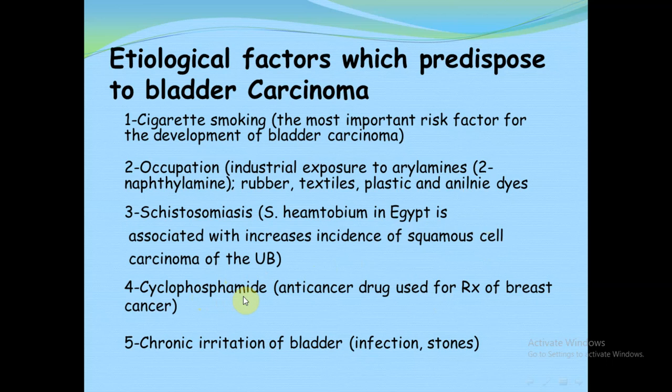Cyclophosphamide, a chemotherapy or anti-cancer drug that is used for treatment of breast cancer. Chronic irritation of the urinary bladder for any cause of chronic irritation can مثلا infection, stones, can lead to metaplastic changes أو dysplastic changes.